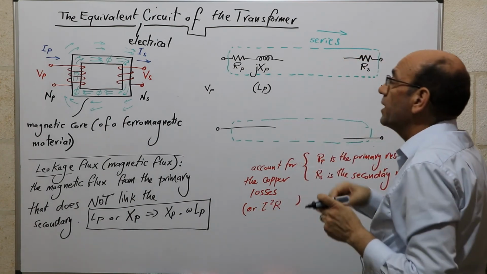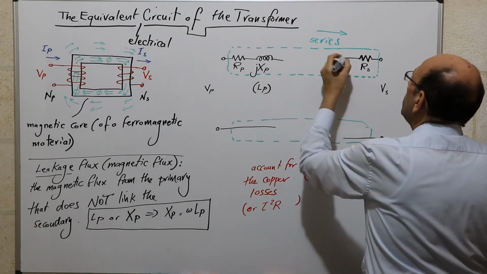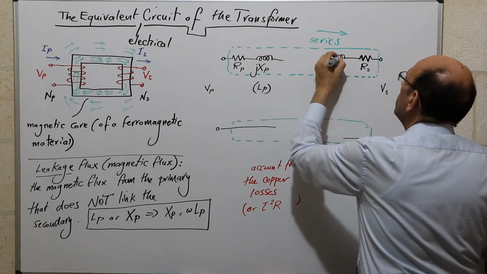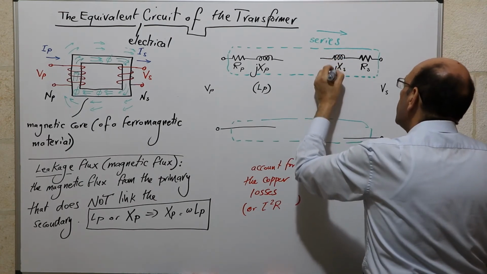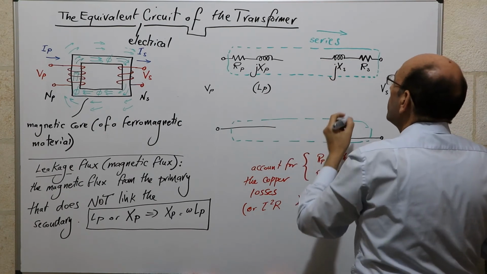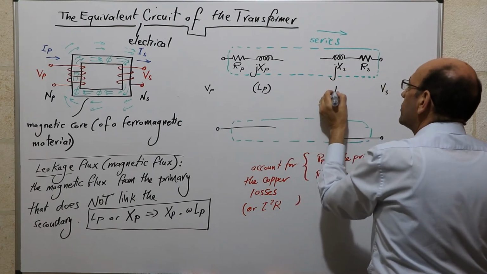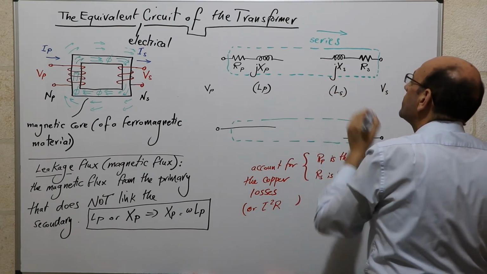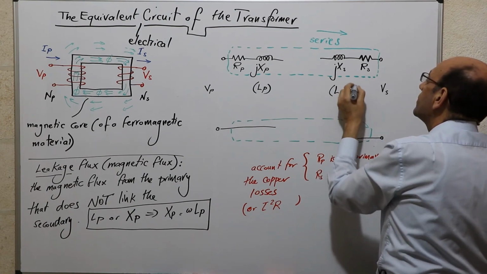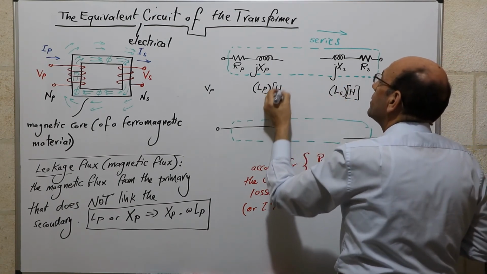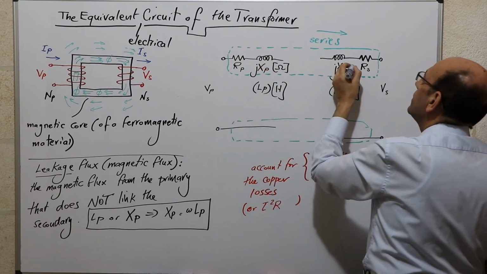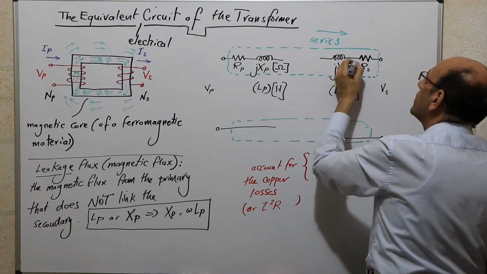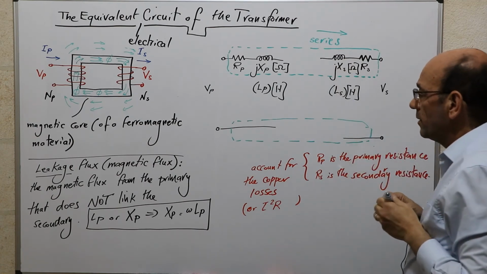In order to account for this leakage flux, we do the same. So we have X subscript S with the J operator, and we could have said LS in Henrys, but we've used XP and XS.